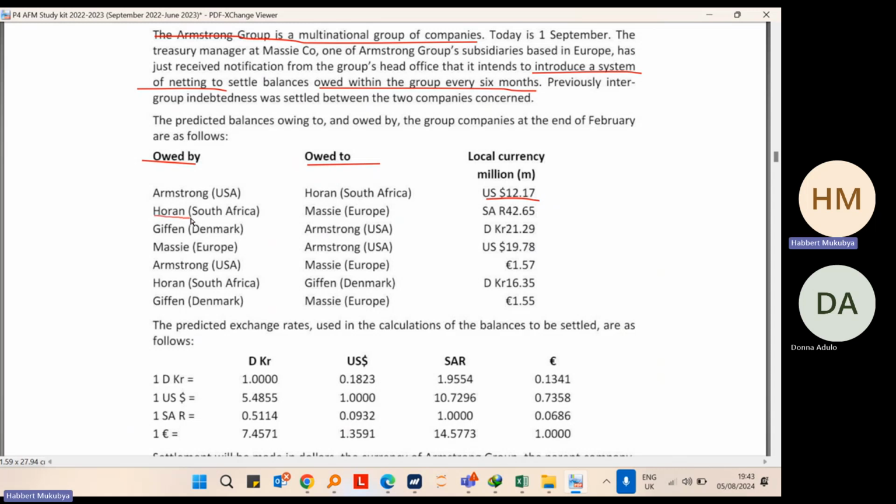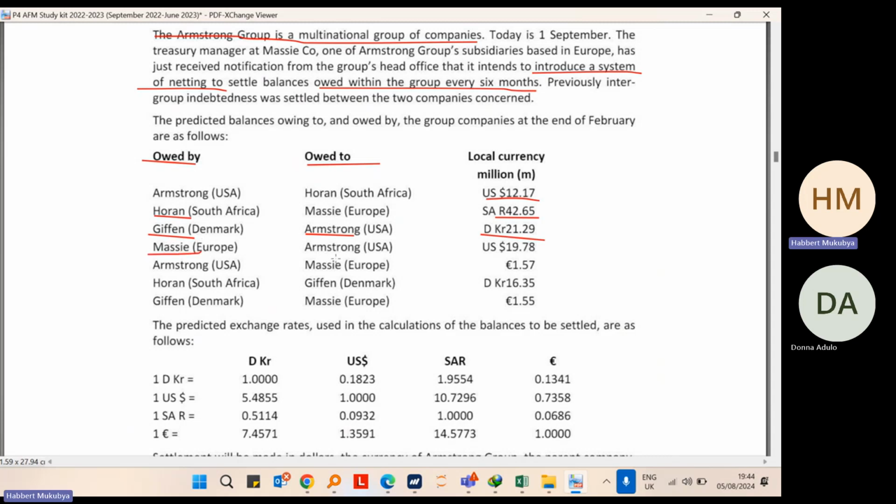Then Holland owes Massey 42.65 million rand. And Giffen owes Armstrong 21.29 million crowns. I've forgotten how they pronounce the Denmark currency.